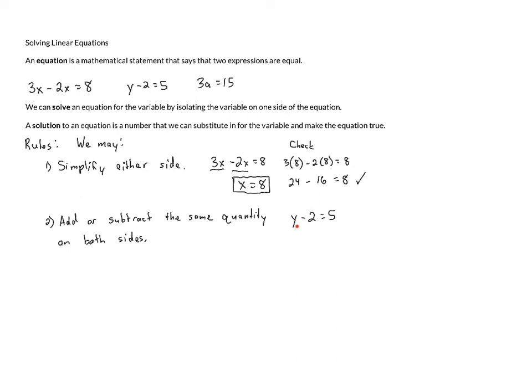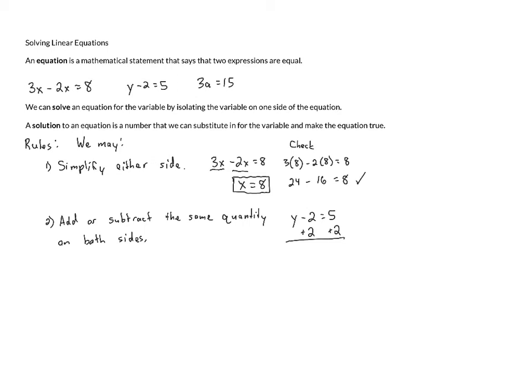So we want to get y alone. What else is on the same side of this equation as the y? Well, there's also this 2 on that side, and the 2 is being subtracted from y. To get rid of it, we have to do the opposite. What's the opposite of subtracting 2? Well, that's adding 2. But the rule says we need to do the same thing to both sides. So we're going to add 2 on the left and right-hand sides of that equation.